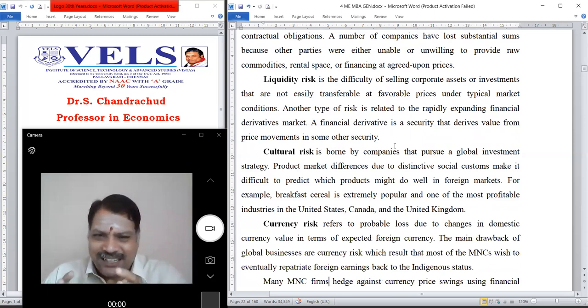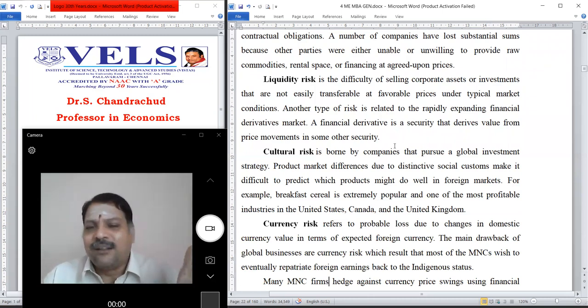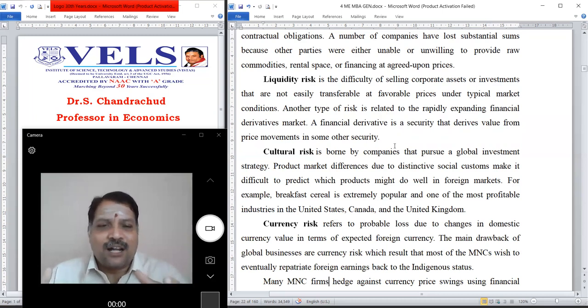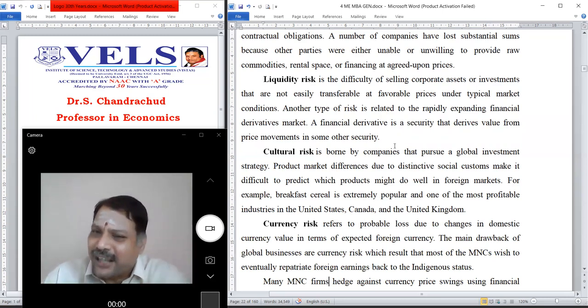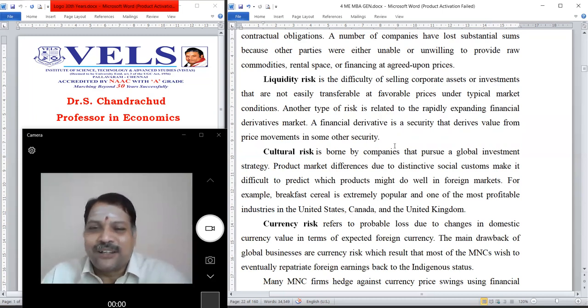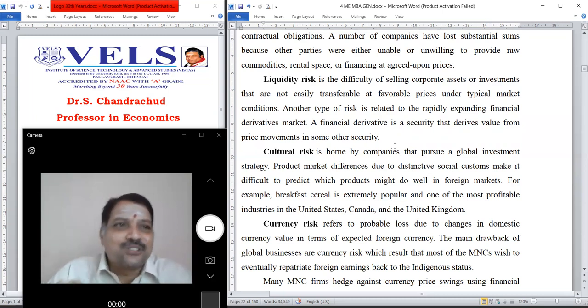The product market difference due to distinctive social customs makes it difficult to predict which product might do well in a foreign market. For example, breakfast cereal is extremely popular, and must be a profitable industry in the United States, Canada, and United Kingdom. But the same is not applicable in India, because it is a developing country. So here they will ask for idli and dosai, not the cereals.